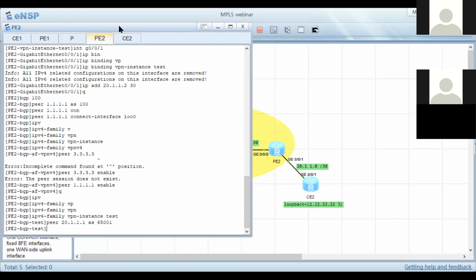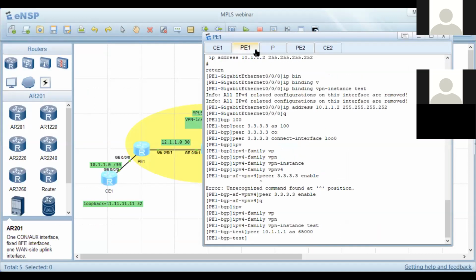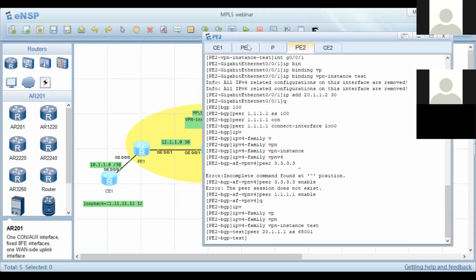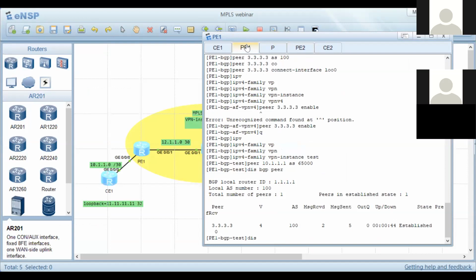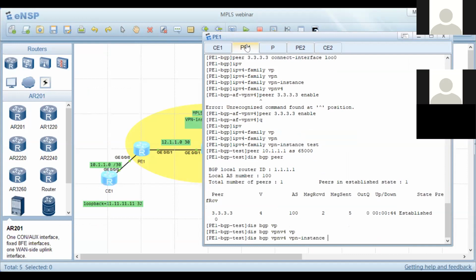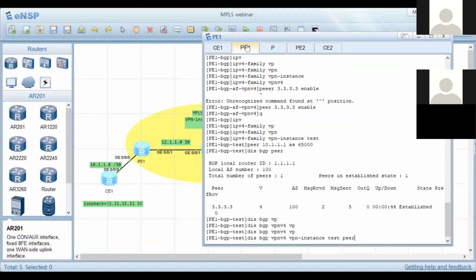So we have now done the peering. We'll see the display BGP peer. Let's verify. So IBGP peering is established between PE1 and PE2, and display BGP VPN instance test peer.